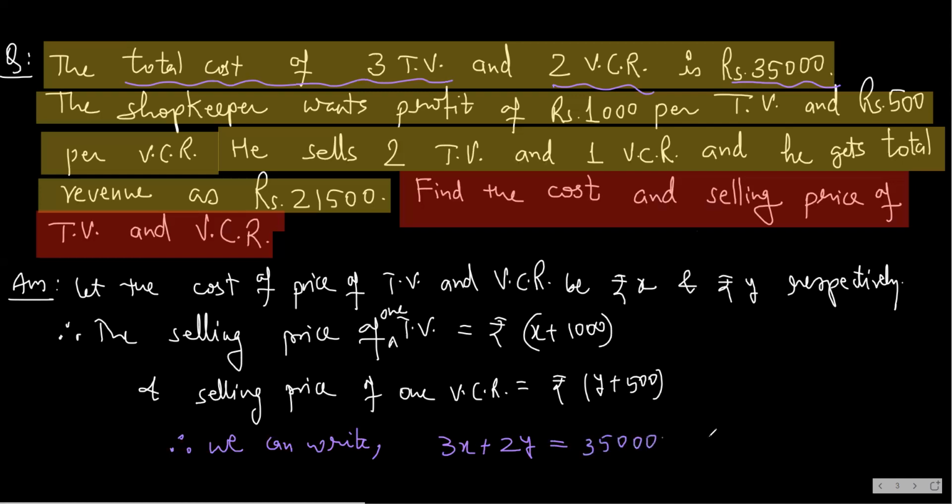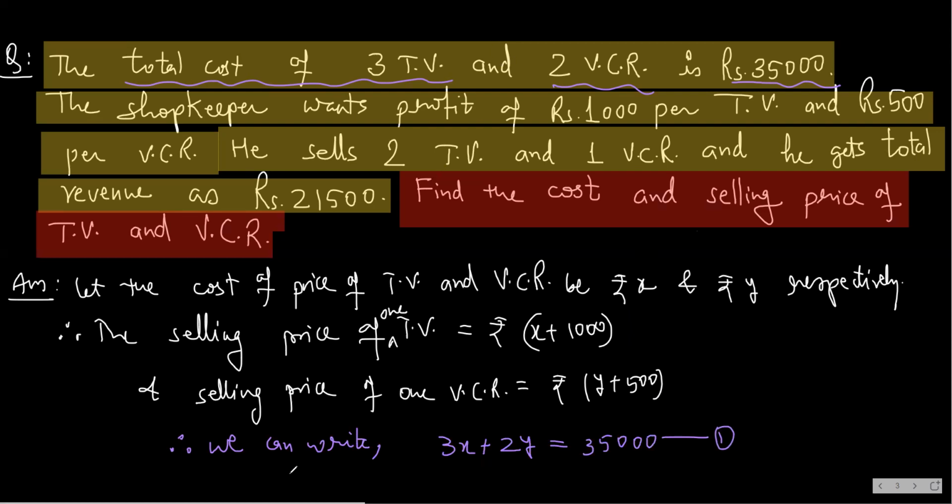See, this is first equation I got. 3x plus 2y is 35,000. Why? 3 televisions and 2 VCRs. The cost price is 35,000. So the cost price of 3 television will be 3x. The cost price of 2 VCRs will be 2y. You add them and you get this.